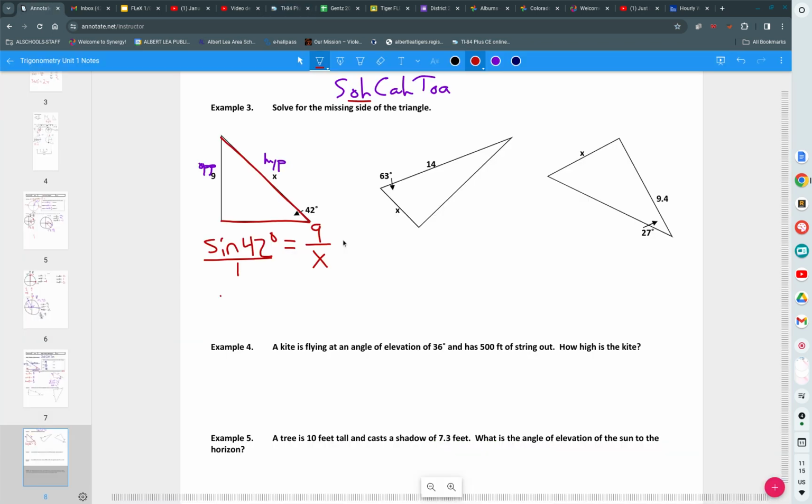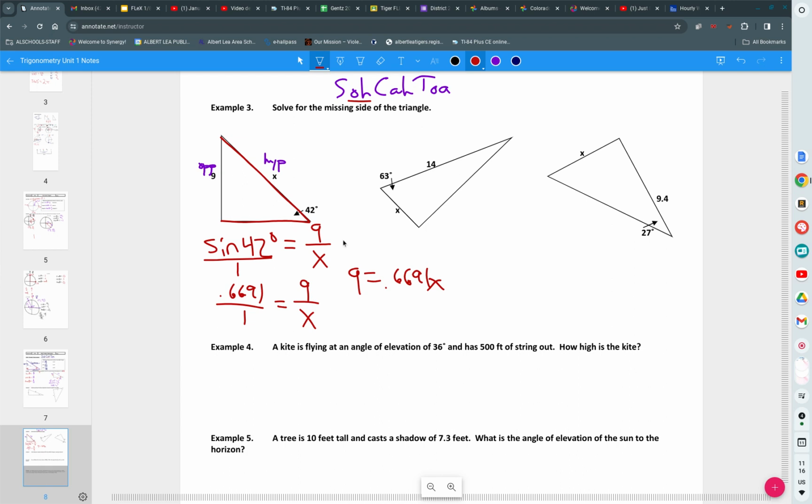I've got 0.6691 over 1 is equal to 9 over x. So now you just want to cross multiply and solve. 9 times 1 is 9, is equal to 0.6691x. And what do I do there?